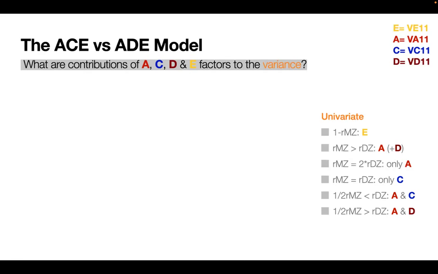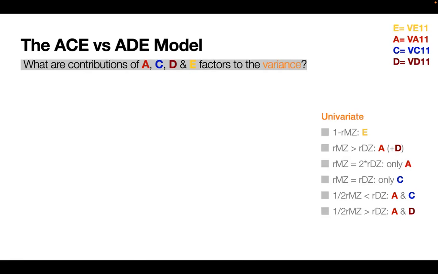We've established that we can assume that genetic influences are important when the MZ correlation is greater than the DZ correlation. But if the DZ correlation is greater than half the MZ correlation, that would suggest shared environmental influences in addition to additive genetic factors.